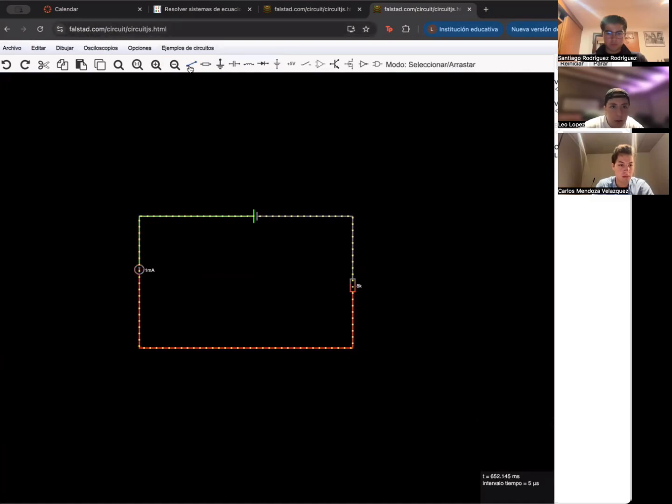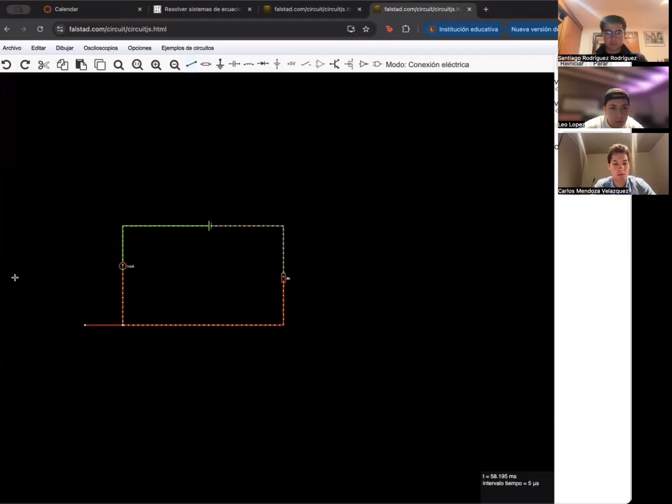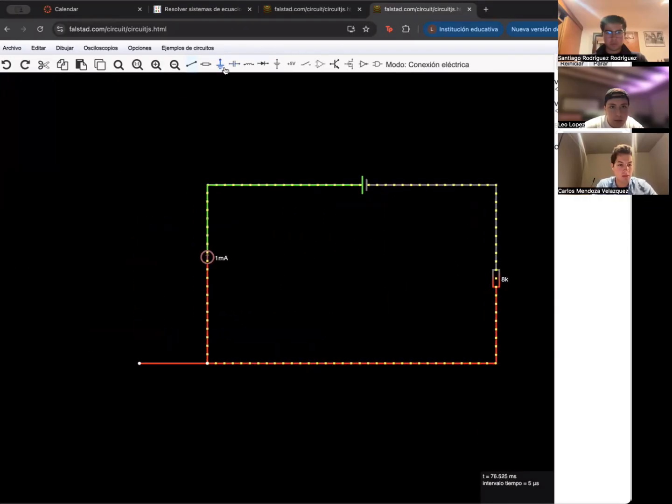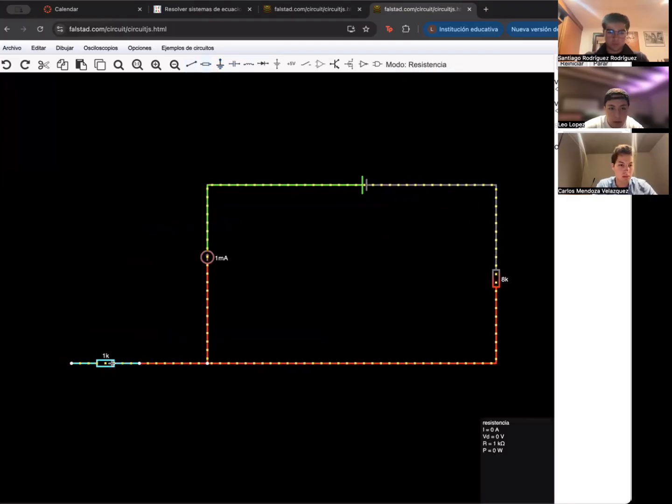So now we go to this wire right here. Oh, sorry. I don't know what's doing that. This wire right here. We have a resistor right here, which is 6 kilo ohms.